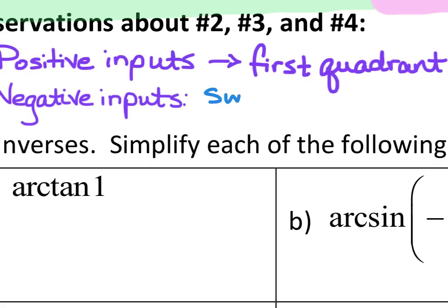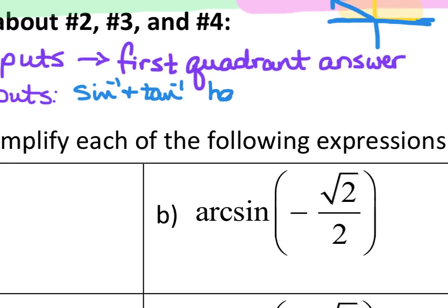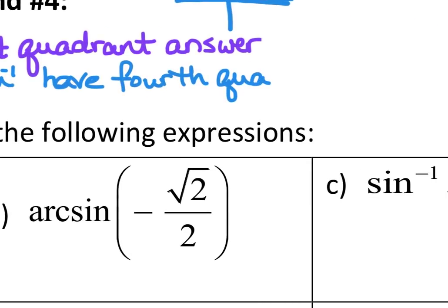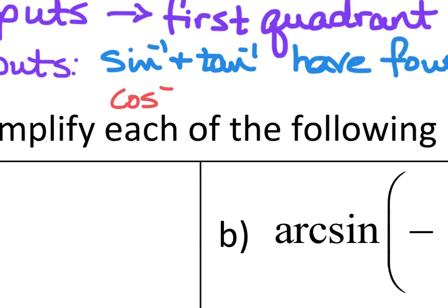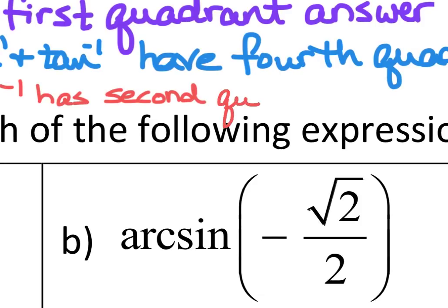So for negative inputs, sine inverse and tangent inverse have fourth quadrant answers, but cosine inverse has a second quadrant answer.